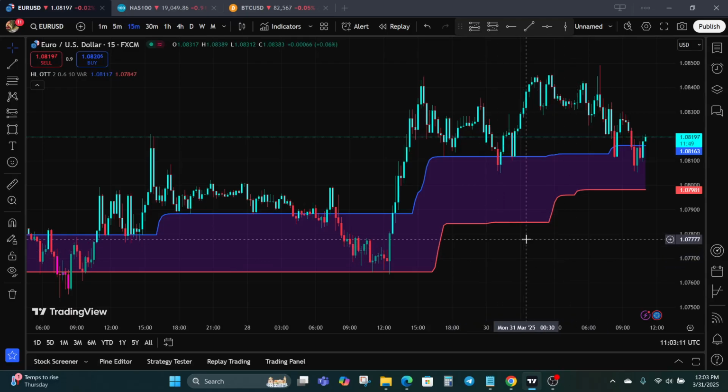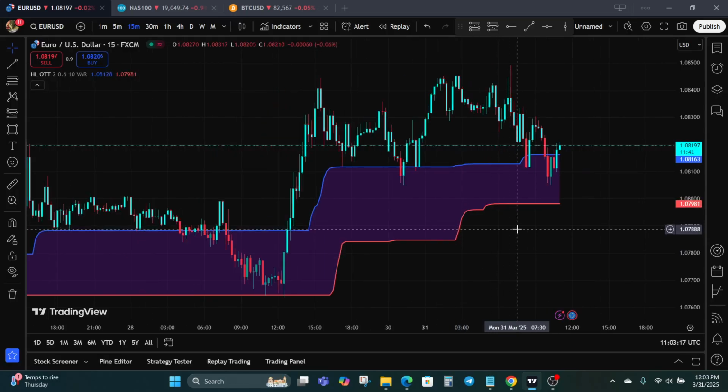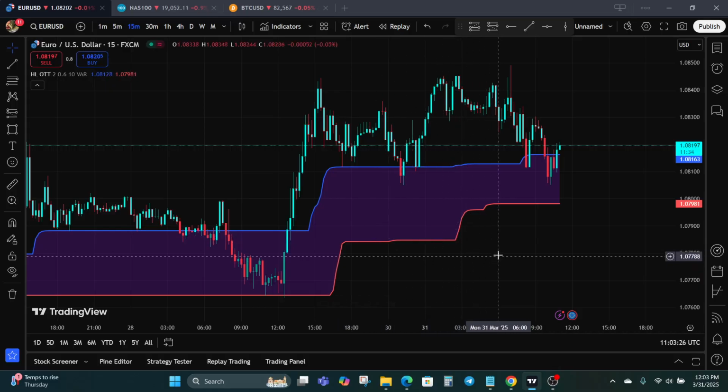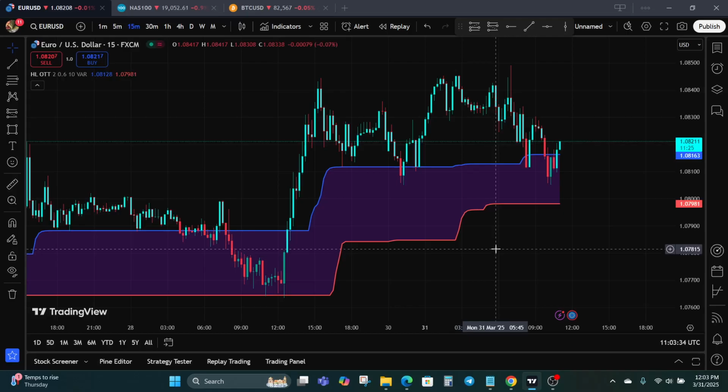All right, and then it has real-time adaptability. It adjusts automatically to market conditions for accurate trading signals. And this indicator works across all markets. Whether you trade Forex, stocks, crypto, or commodities, the HLOTT keeps you ahead of market trends.